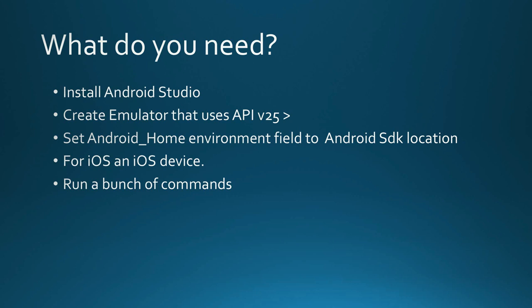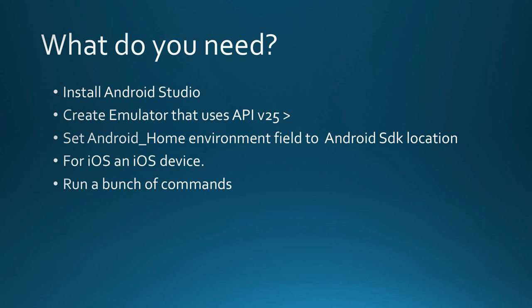Talking about emulators, you would need to install Android Studio, because it comes with the emulator and AVDs, so you can manage your emulators and create one. You need something over version 25, and you also need to set an environment variable called Android Home.